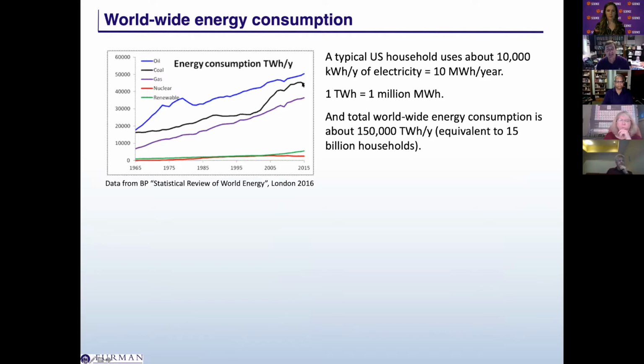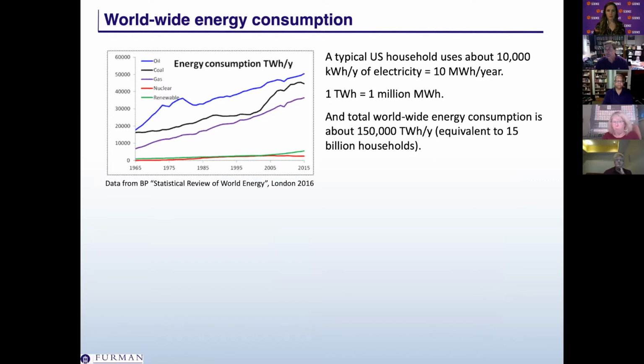Coal is the next most utilized source of energy, followed by gas. And then nuclear in the red line here and renewable in green are much smaller pieces of our overall energy portfolio, and these are continuously increasing. The y-axis here is consumption in terawatt hours per year.